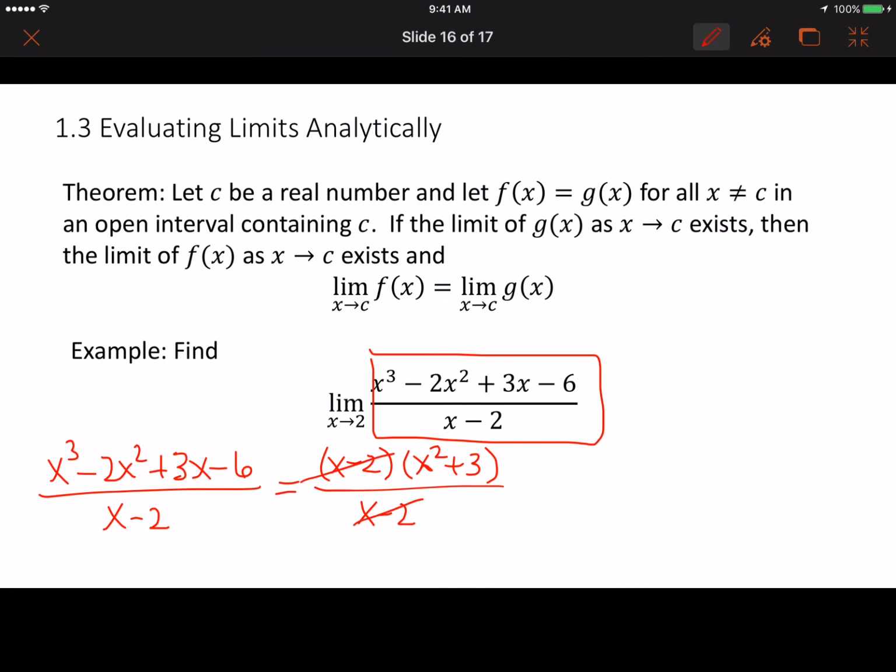And so you can cancel the x minus 2's and get x squared plus 3. So this function is equal to x squared plus 3 everywhere but x equals 2.